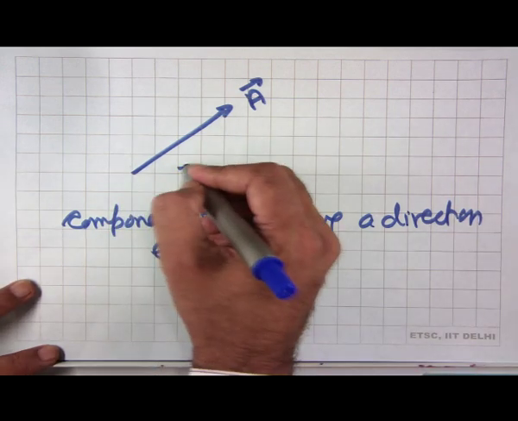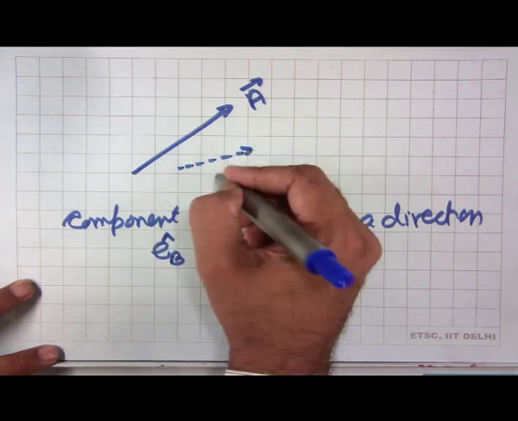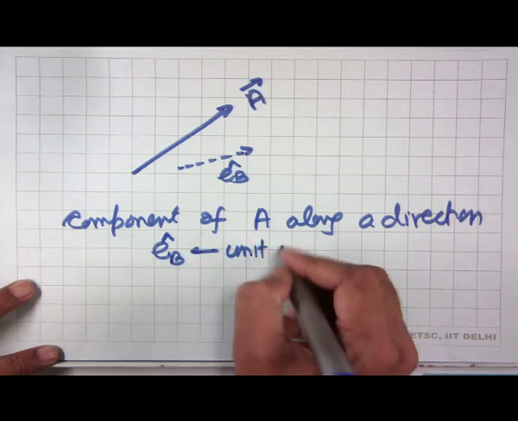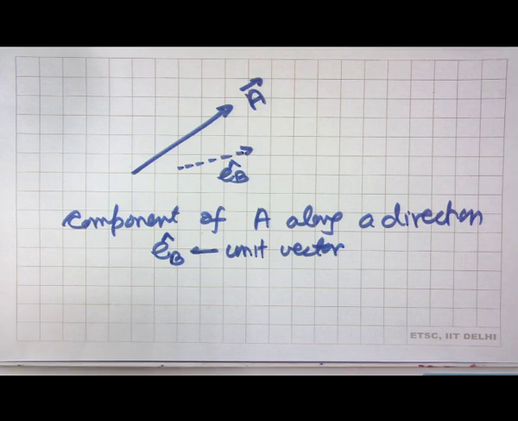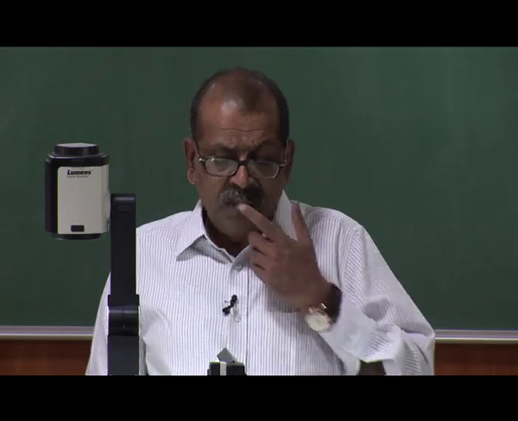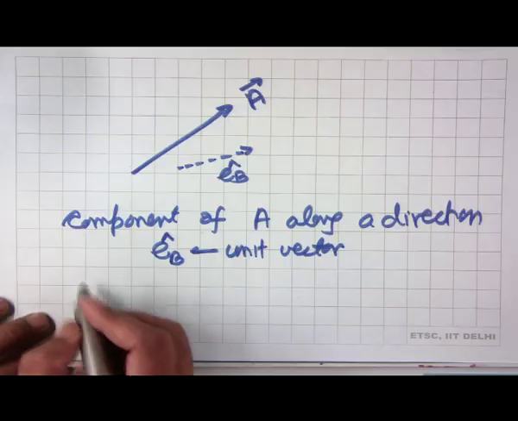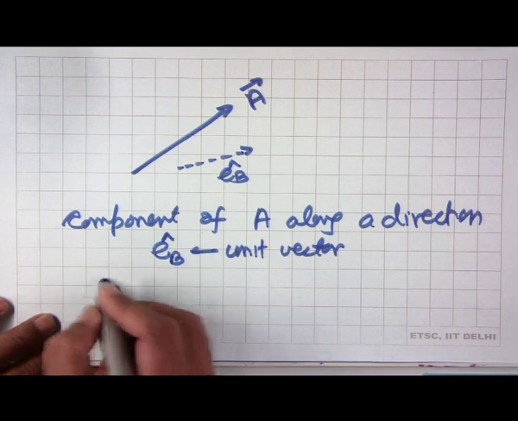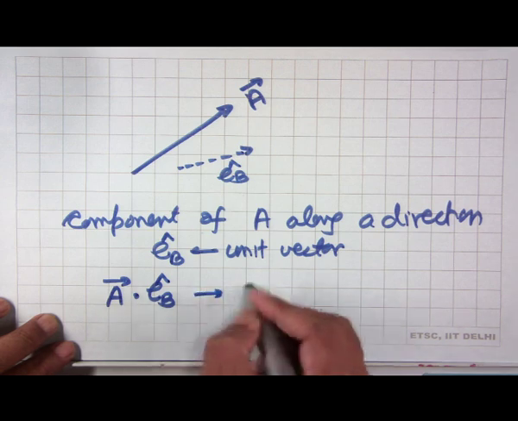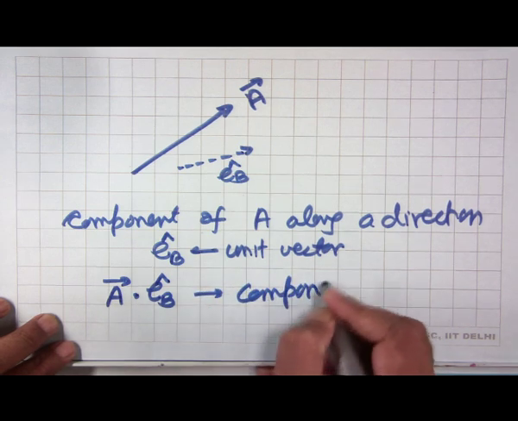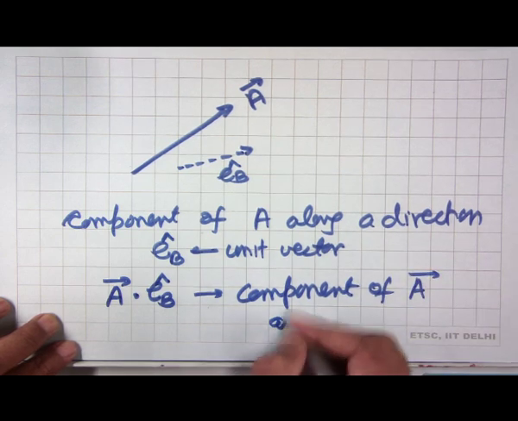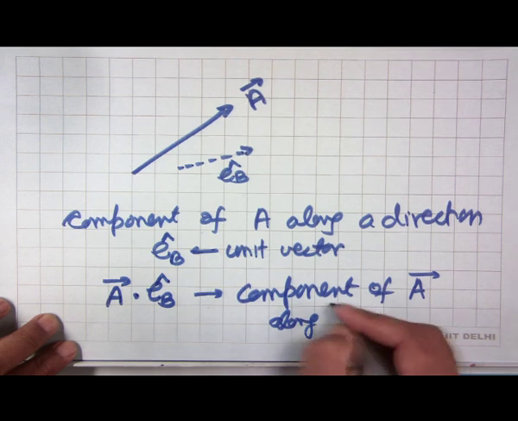That means some direction is given where EB is a unit vector along that direction, or we could say we want to find the component of A along B. Then this component is given by vector A dotted with EB. This gives us the component of A along B.